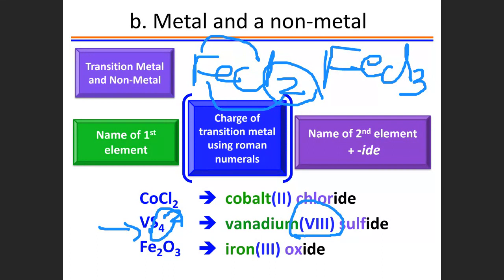Sulfur valency is 2. In that case, let's go back to our lecture. Here we go. Here we have vanadium sulfide.